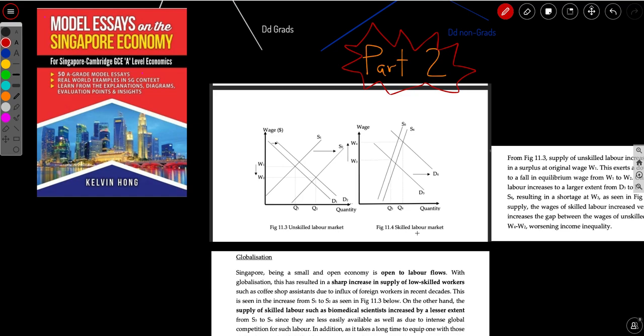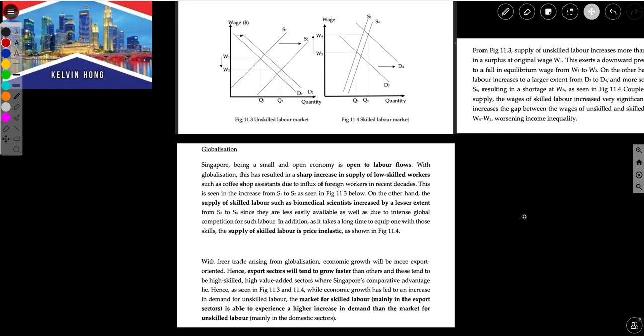It doesn't really contribute to explaining the widening gap. So where elasticity is concerned, I'm only focusing on the PES being less than 1 for the university grads, and not PED, because it's not going to contribute to understanding why the gap has widened. Okay, so let's jump in.